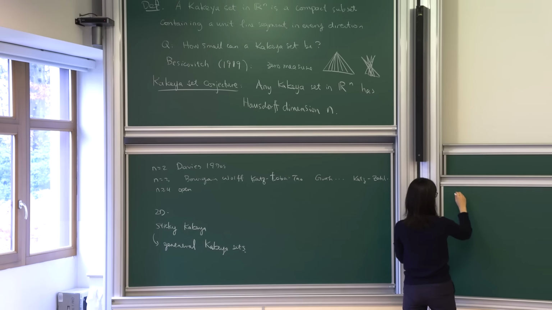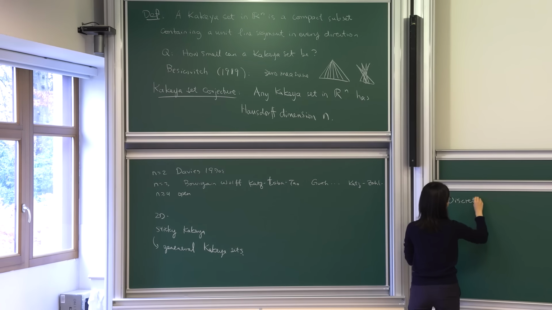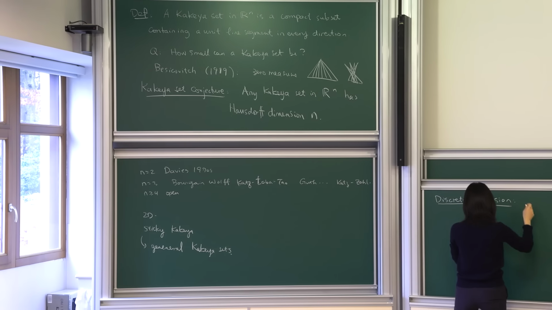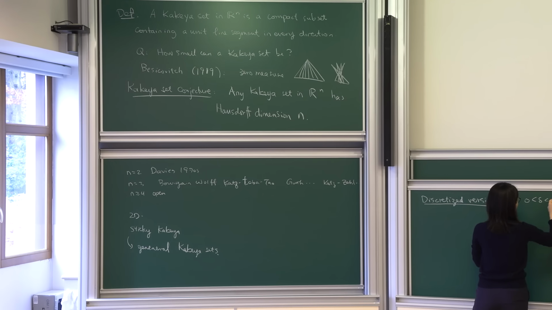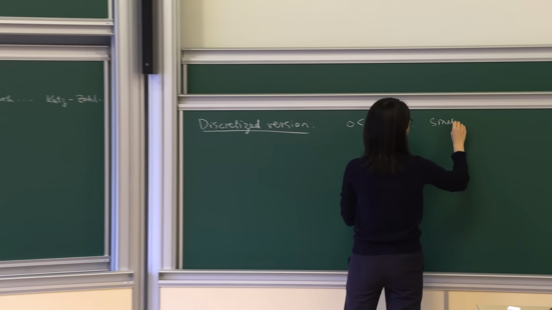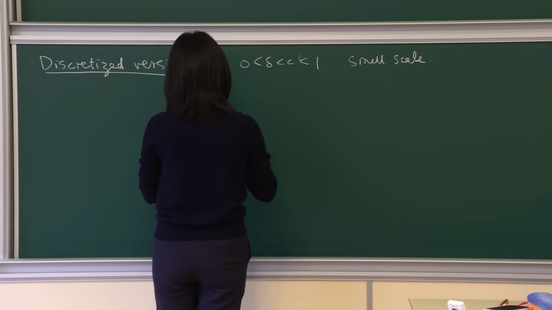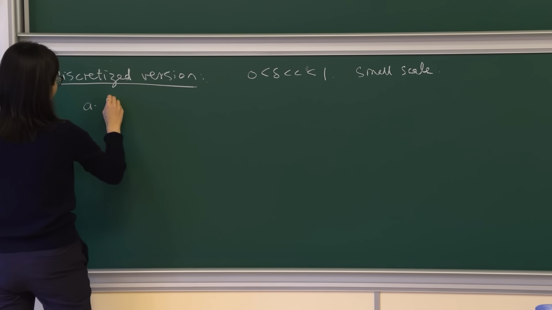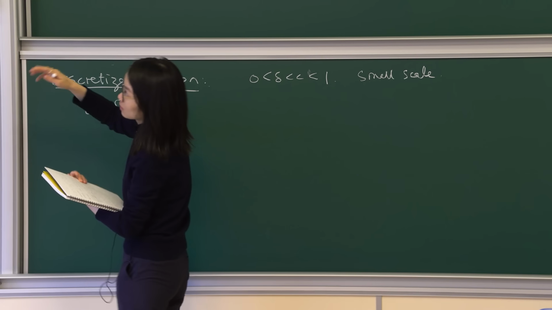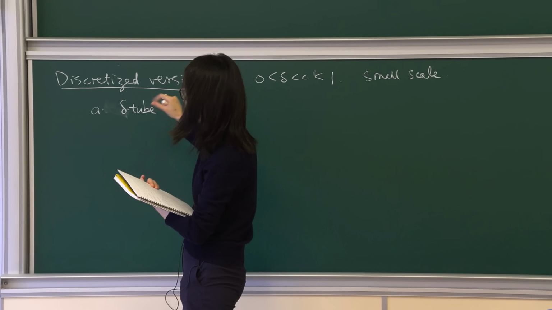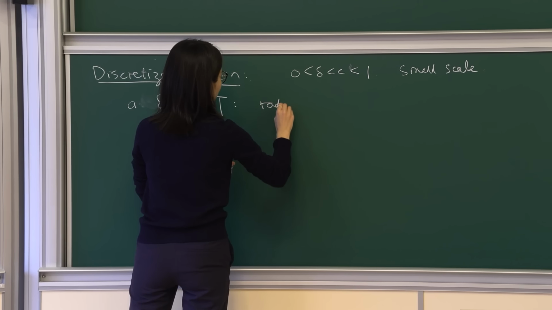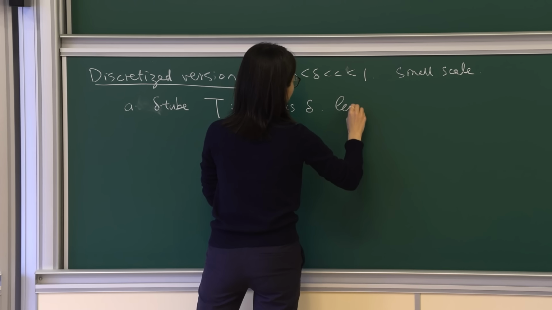So we pick a small scale, let's say delta is a very small scale, and we consider delta tubes. Since a Kakeya set contains many unit line segments, the delta neighborhood of a unit line segment is a delta tube. T has radius delta and length 1.